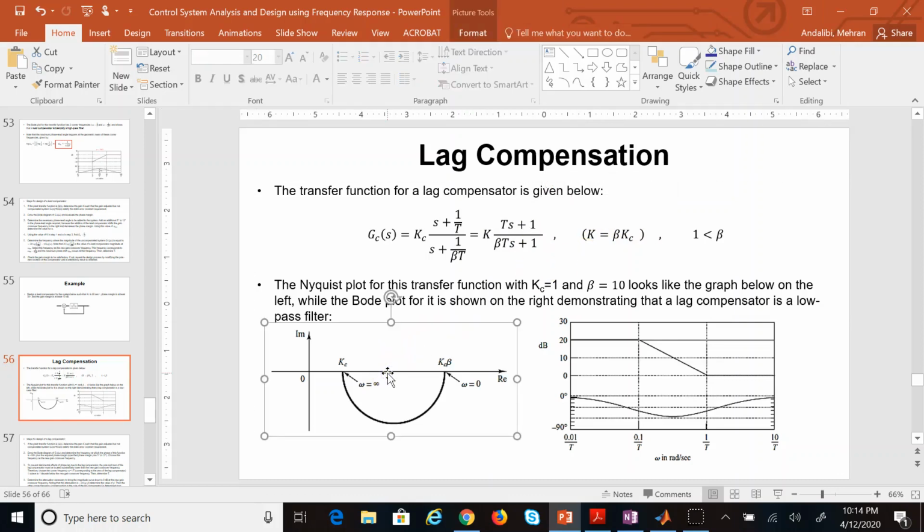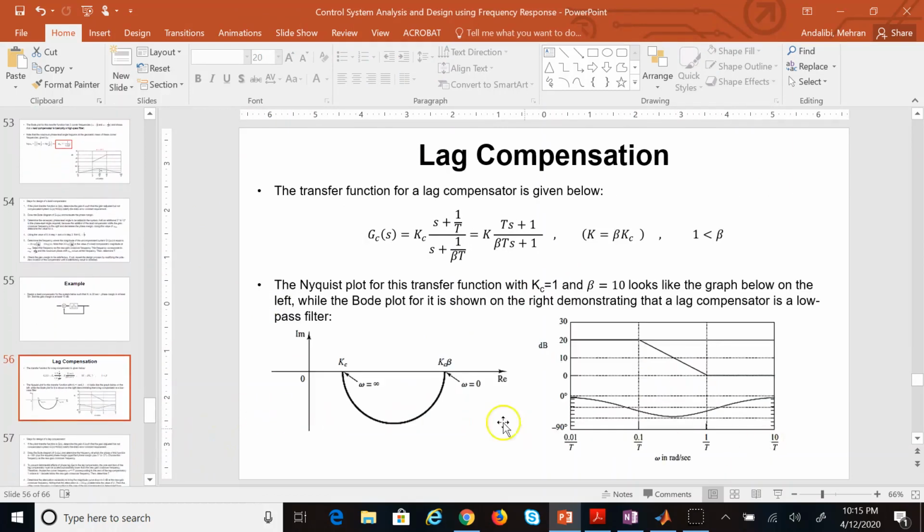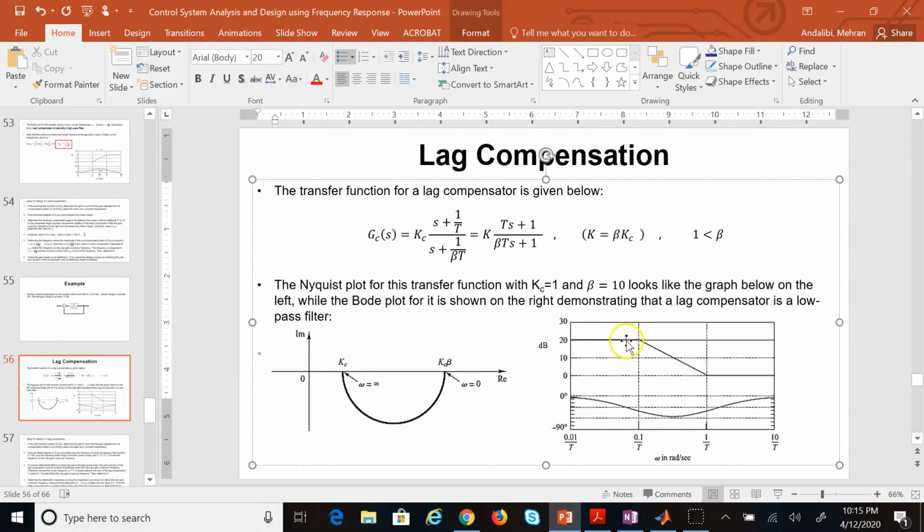This is the Nyquist plot for it, which is kind of similar to the lead, but with a mirror image, right? So this is kind of like a semicircle above real axis. This looks like a semicircle below the real axis, but the more important thing is the Bode plot for it, which clearly shows that it basically allows low frequencies to pass by, while for high frequencies it tries to attenuate.